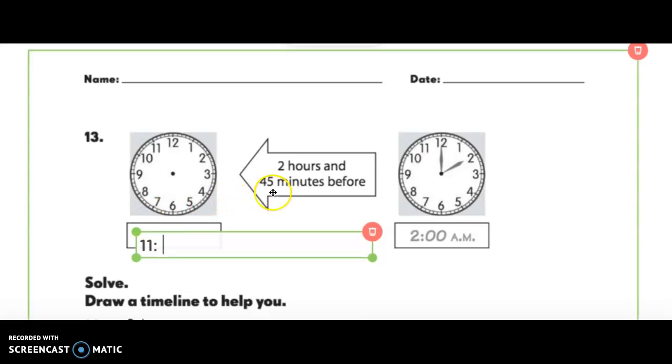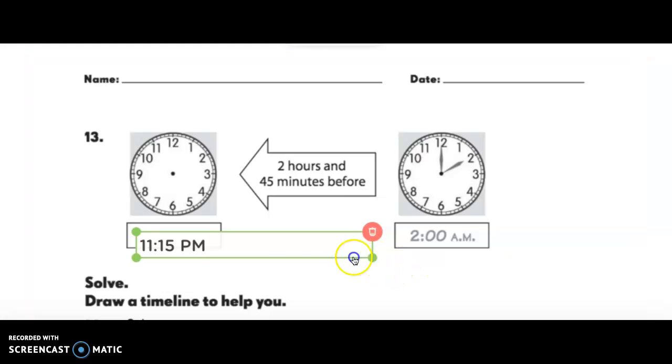You want to be thinking about in the beginning when we did those combinations to get 60 minutes. What combination would go with 45 in our minutes to complete that hour? Because we're at a solid hour at 2, we're working back 45 minutes, which would bring us to 11:15. Now again, we passed over 12, so this would mean it is p.m. here.